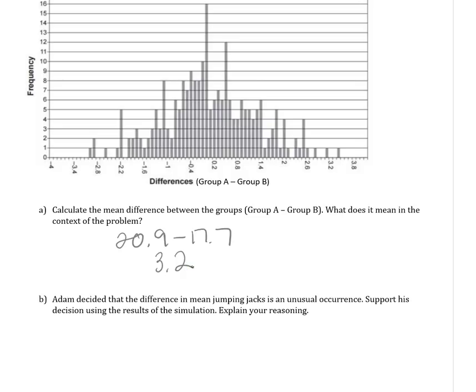Okay, so I got 3.2. So what that means is, on average, Group A is doing 3.2 more jumping jacks than Group B. Okay, I'm not going to write that out. You can look it up on the answer key, but that's really what it means. On average, Group A is doing 3.2 more jumping jacks than Group B.